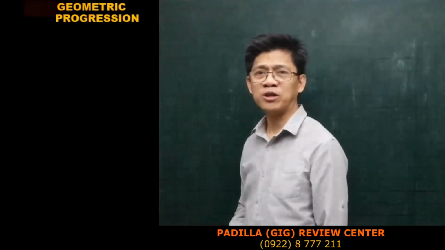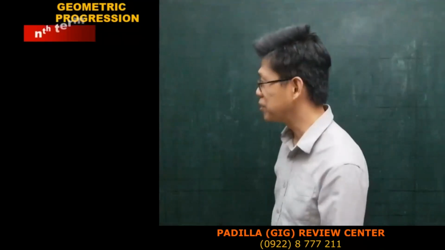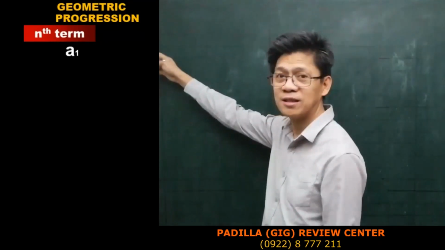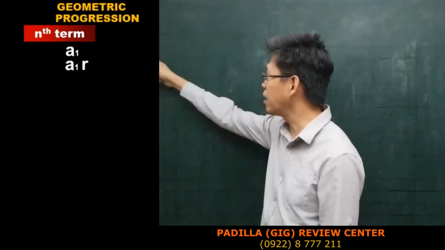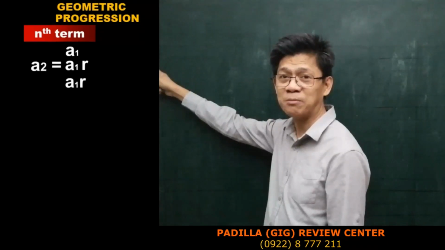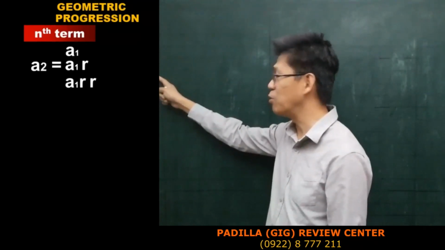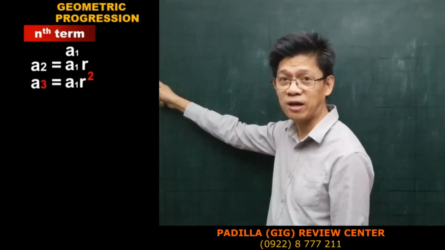For the nth term of a geometric progression, let us call the first term A1. You multiply A1 by r. A1 times r, that is A2. You multiply again by r, that would be A1r times r, A1r squared, that would be A3.